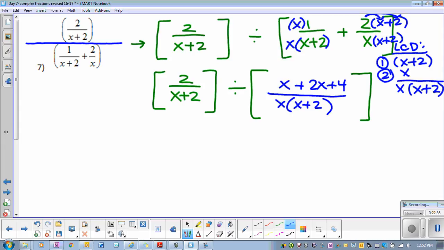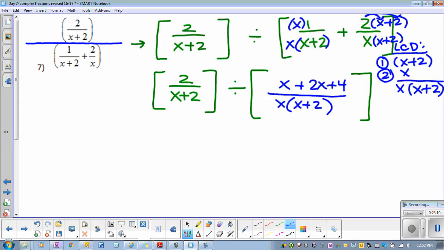There we go. You always, when you add or subtract, just combine them, and then you combine like terms in your numerator.